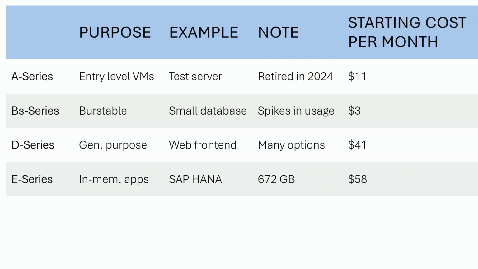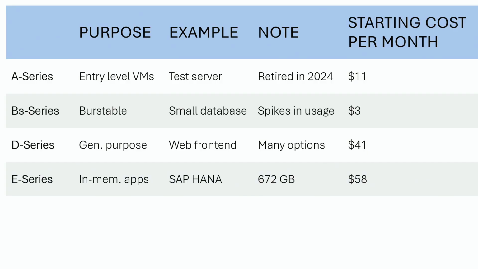Stepping it up, we've got the E series. The E series gets into increased memory footprints. We could get all the way up to 672 gigs of memory in one of these E series VMs, starting at $58 a month. An example here would be SAP HANA, a version of SAP, the business analysis software that runs in memory.